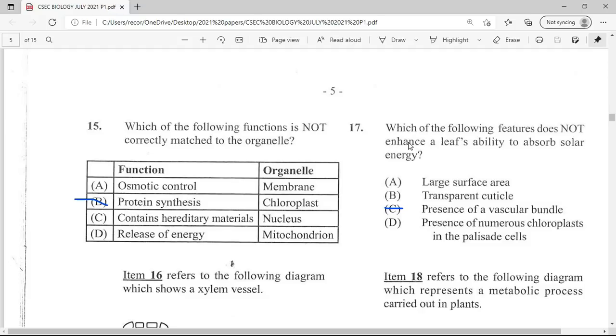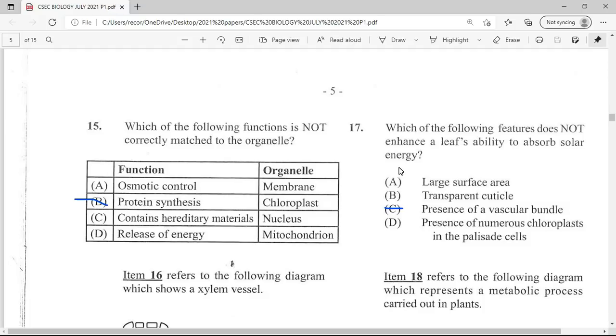All right? Not enhance a leaf's ability to absorb solar energy. Now, this question is going to be a little troublesome for a lot of persons, and I'm going to tell you why. For me as well, as I answered the paper as a student. Now, in your textbook, you will observe that the title for this particular question from photosynthesis speaks to the adaptation of a leaf for photosynthesis.